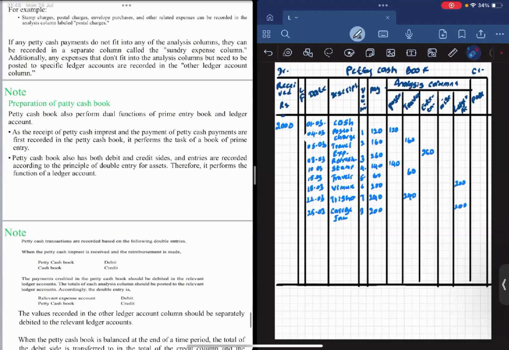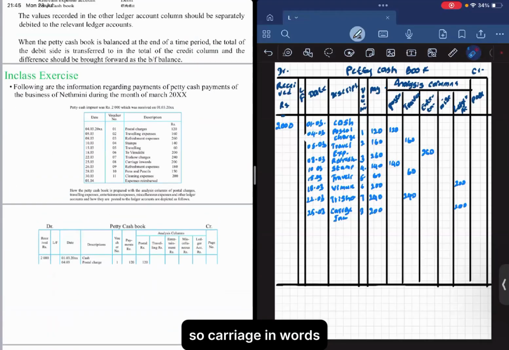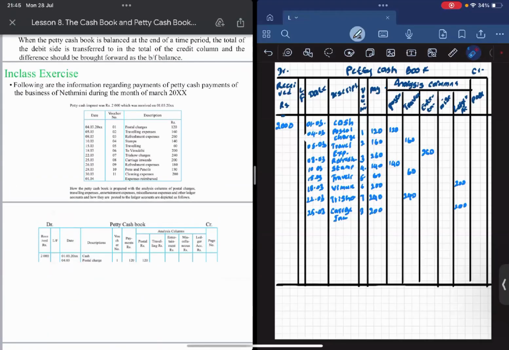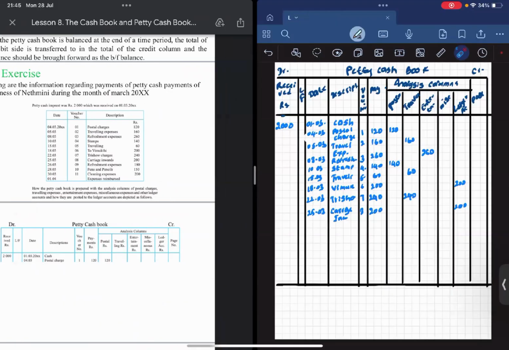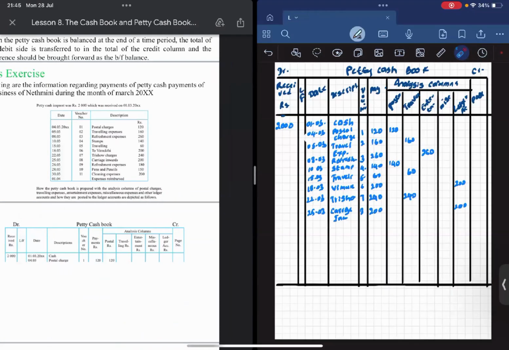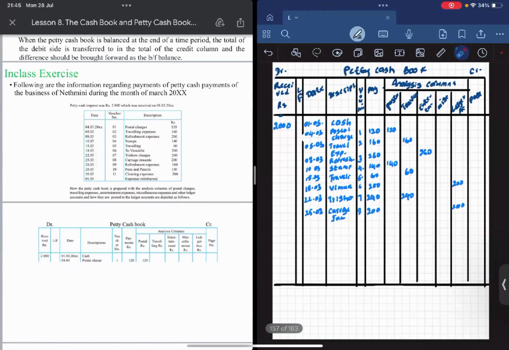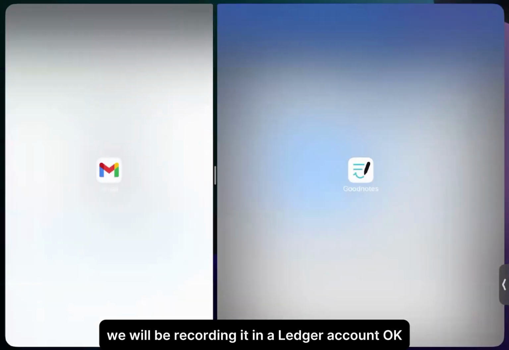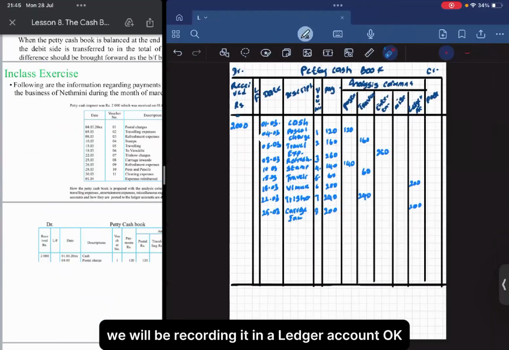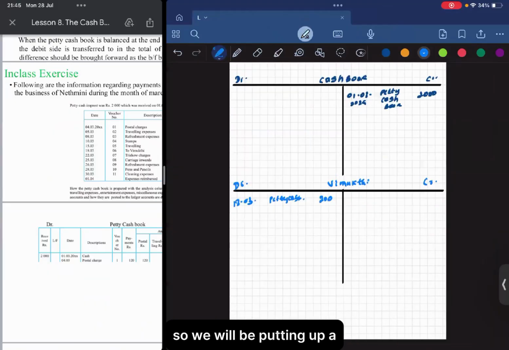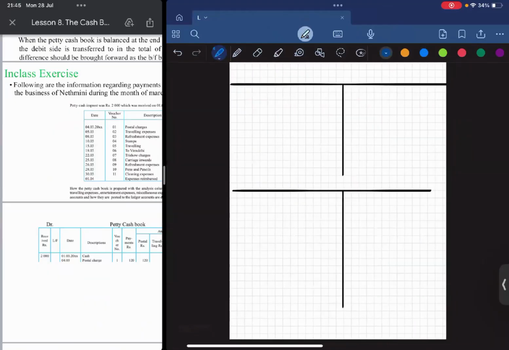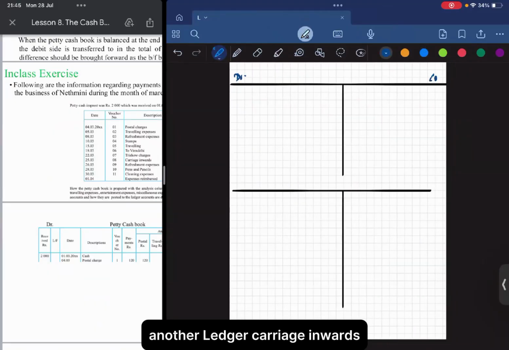So carriage inwards, we will be recording it in a ledger account. So we will be putting up another ledger, carriage inwards.